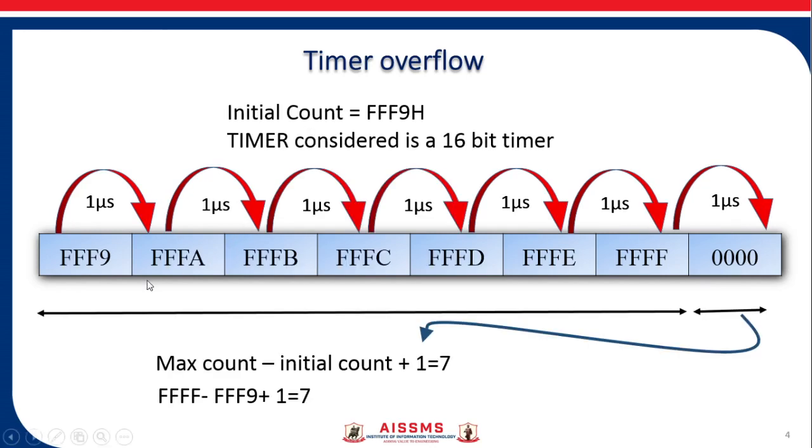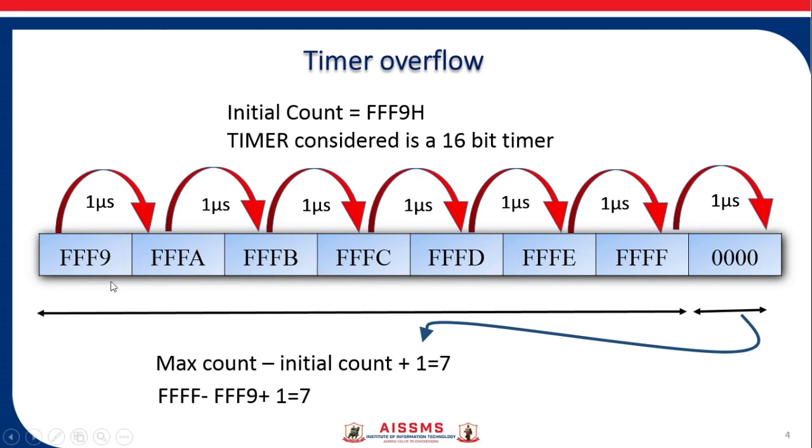We'll take an example wherein the initial count is FFF9. If we start the timer, it will start counting from FFF9 and ultimately reach FFFF and then roll over to 0000. The total states that will be counted before it overflows is 7.